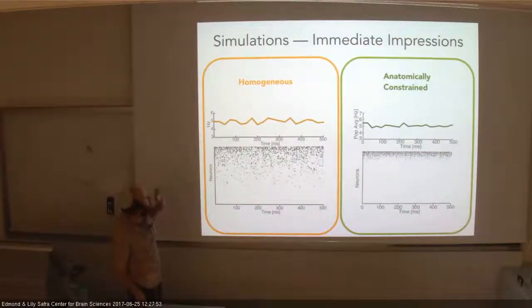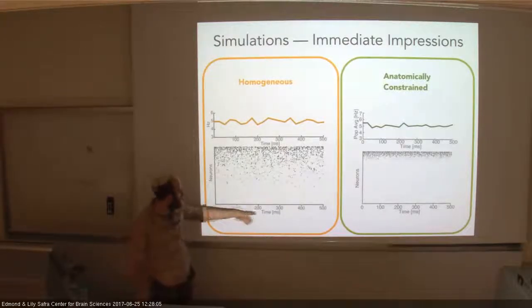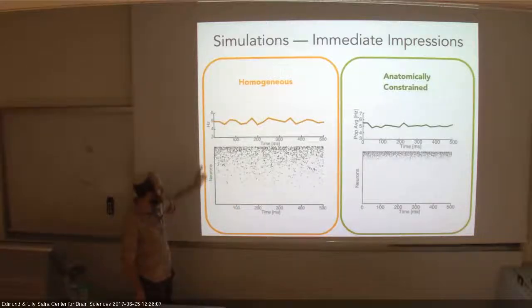You can see right away, matching the mean firing rates across the population, we get very different results in terms of actual dynamics of the population. This is a raster plot, where we're seeing 500 milliseconds of time and neurons on the y-axis. On the left, the homogeneous network has this classic balanced irregular firing, what we expect from cortical neurons: asynchronous, irregular, and spread across the population.